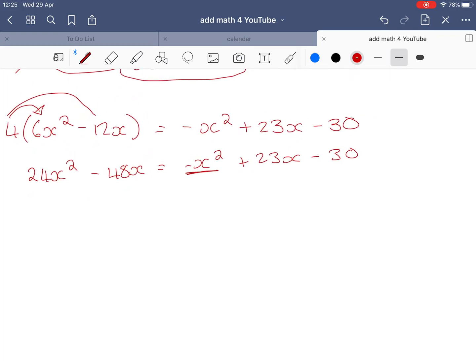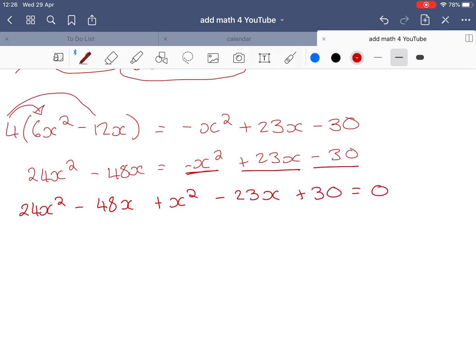So I want to bring this over to the other side now. So this stays the same, 24x squared minus 48x. So I want to add my x squared. Then I want to take away, so I'm taking it all over to the other side, 23x, and I want to add my 30. And this equals 0.